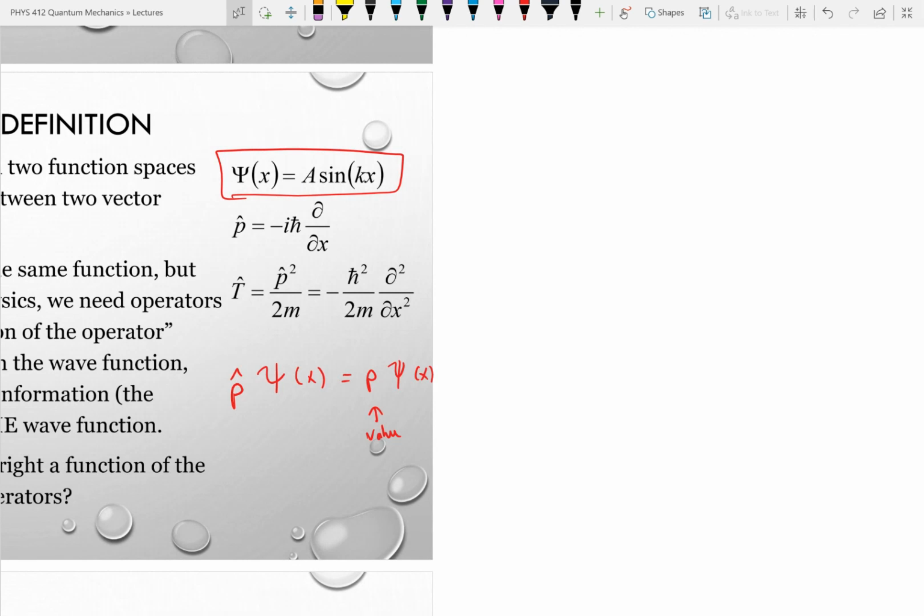So we just start off with the momentum operator is this, so p hat psi is equal to minus i h bar d/dx. Simple enough, right? You do remember this from Friday, when we did this before?